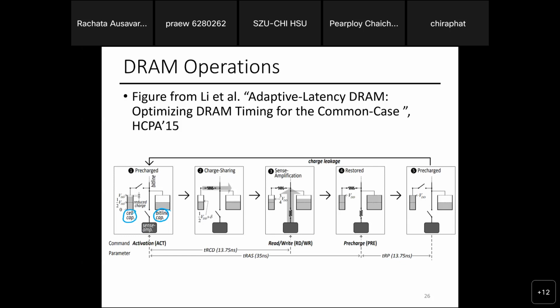All right. The first step when you want to read something, you see the two switches on the diagram. The first thing is I close the top switch. We call this step charge sharing. It means my cell capacitor and the bit line capacitor share the charge. They will converge to the same voltage.